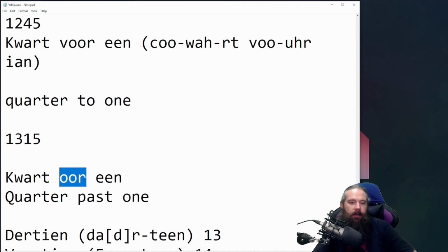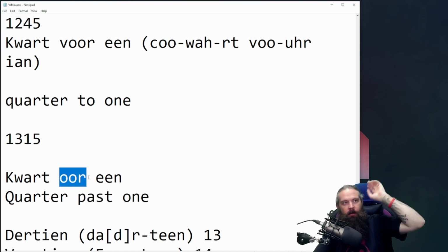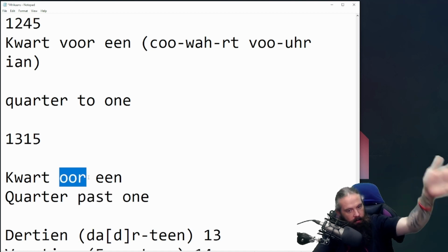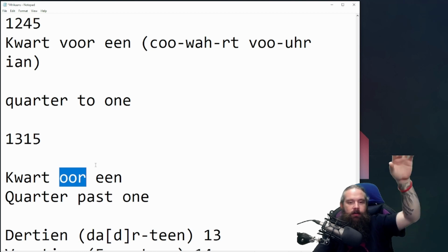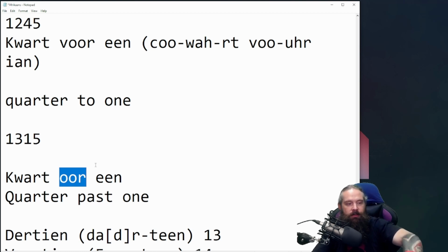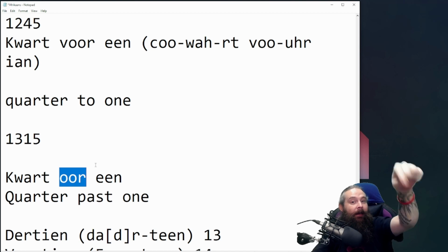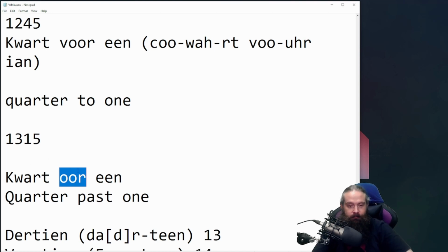Oor is over or past. It's not the same thing as something that happened in the past, but it's like kwart. So this oor means over something. Ons loop, we cross the bridge. We cross over the bridge. Ons loop oor die brug. You weet? So that is the big thing with the time.